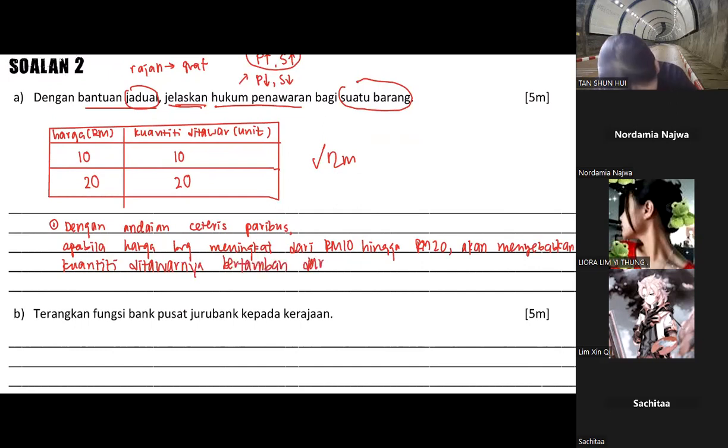See from where to where? Dari 10 unit hingga 20 unit. Alright. Sebaliknya, harga barang menurun.